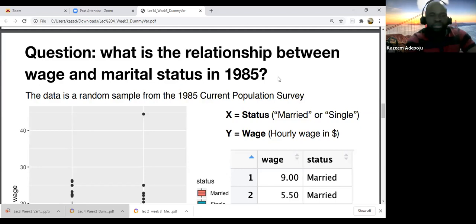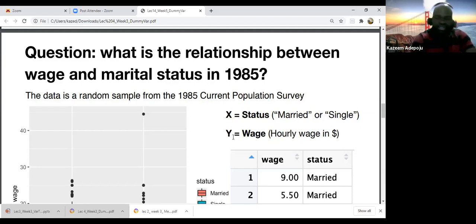So the data is actually a random sample from the 1985 current population survey. And if you look at the X right here, which is a predictor, it is the marital status that we're actually talking about. So the respondents were classified into being married or single, and this is the response variable, which is wage.